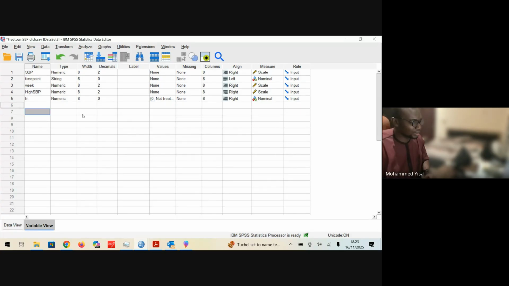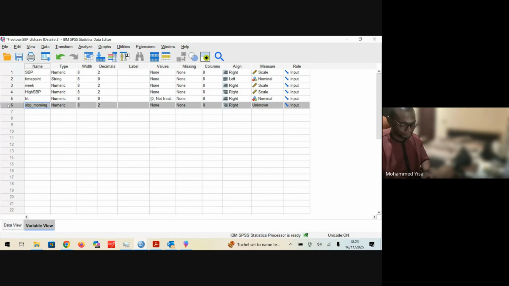Basically, the space is an illegal character. So usually there is something called snake case. SBP underscore morning, it will allow me to create that variable because I have not left any spaces. Let me just delete it again.